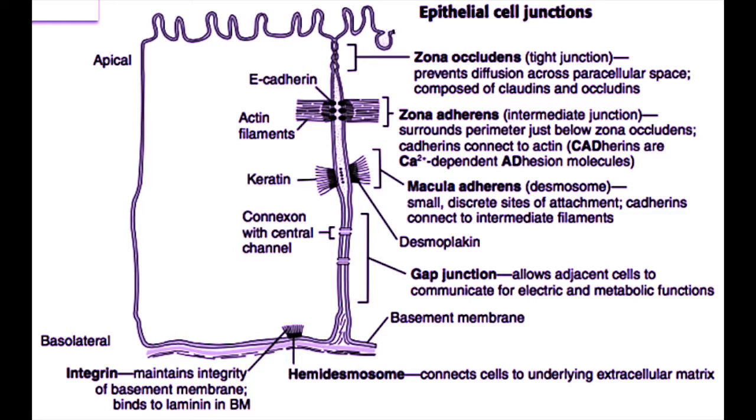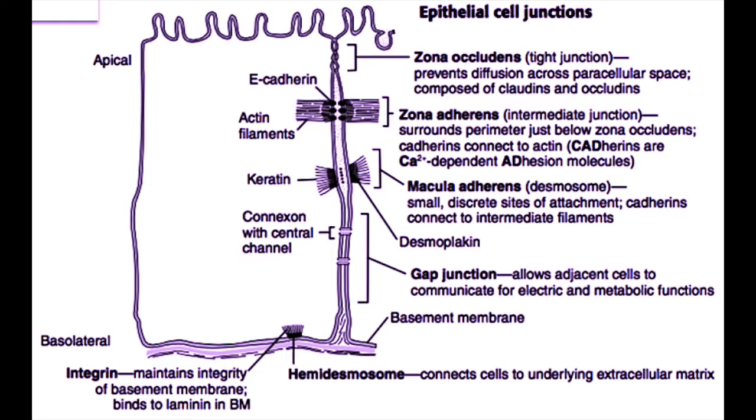Now, one other important molecule you should be aware of as a part of the desmosome is called desmoplakin. Desmoplakin is actually the molecule that attaches to the intermediate filaments in each of the two cells that it's joining. So it's sort of like a sandwich, and the way you can envision the sandwich is that in the middle of the two cells, right in between them, in the middle of this desmosome, you're going to have a cadherin molecule, which is the adhesive molecule.